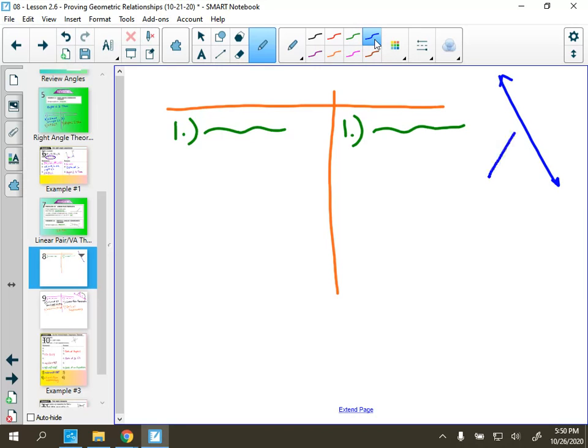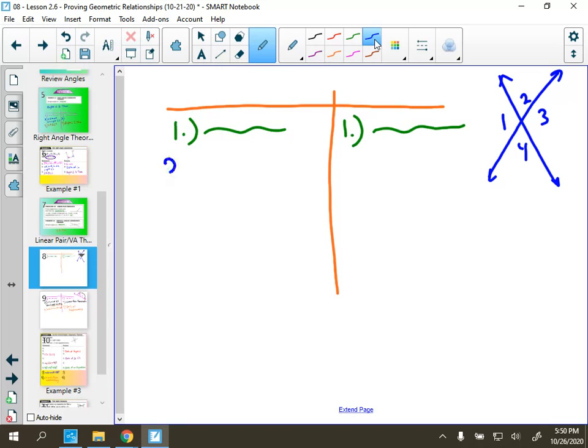Okay, this is one that I know some proofs we do more than others. Let's do 1, 2, 3, and 4. It doesn't matter, same numbers. But I know some proofs we do, we don't really use the picture a ton, but the vertical angle theorem is something that I need to see it to be able to use it.